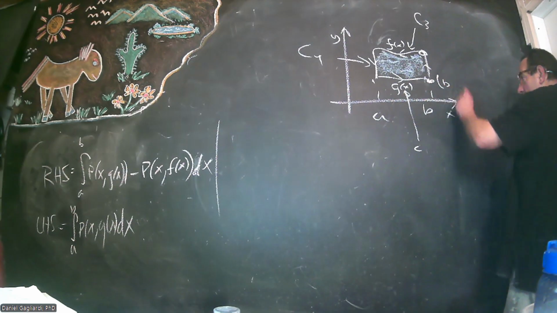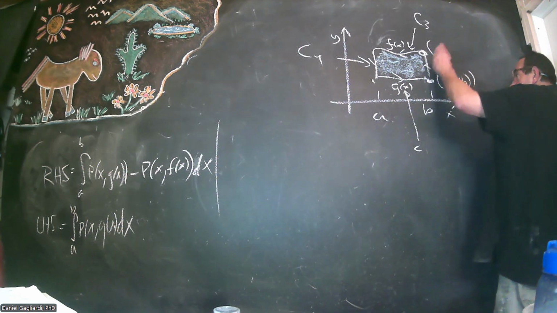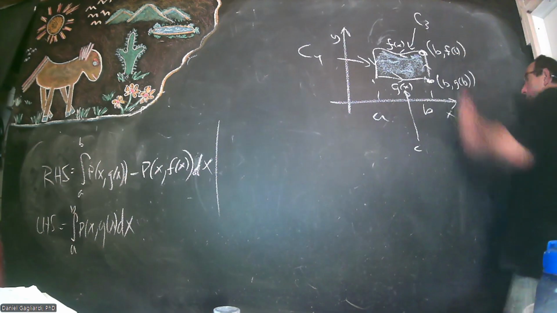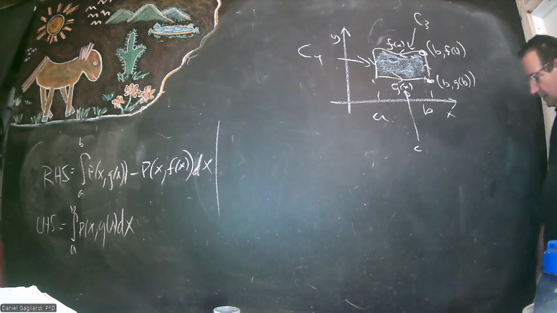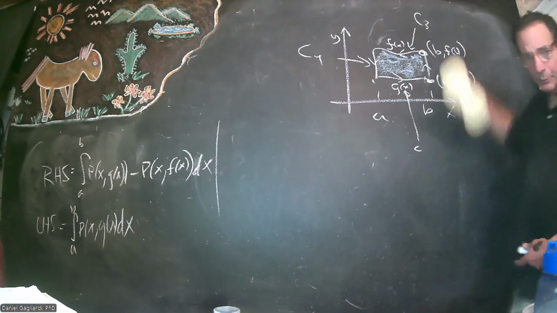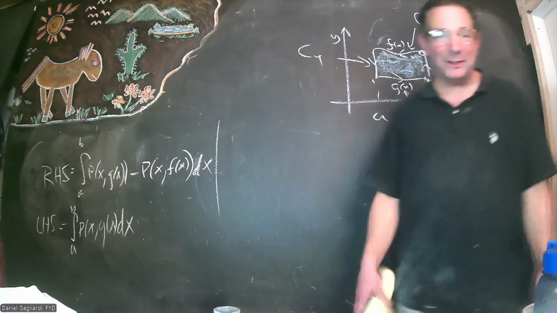So we're going to go from b to g of b, that's one point here, and then from b to f of b, and we can create a line segment between these two things. But if x is equal to b for both of those, then dx is going to be equal to 0.